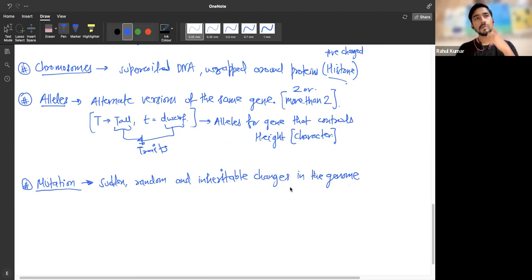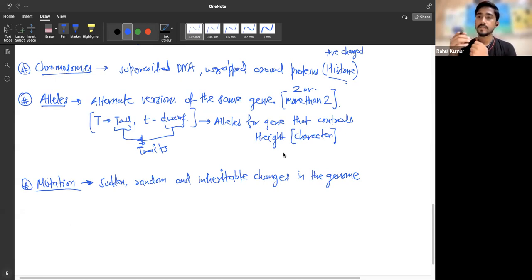Let me give you an example. Any change that we acquire during our life, for example, these days we get tattooed. When we get our skin tattooed, we have a change in our skin now, right?